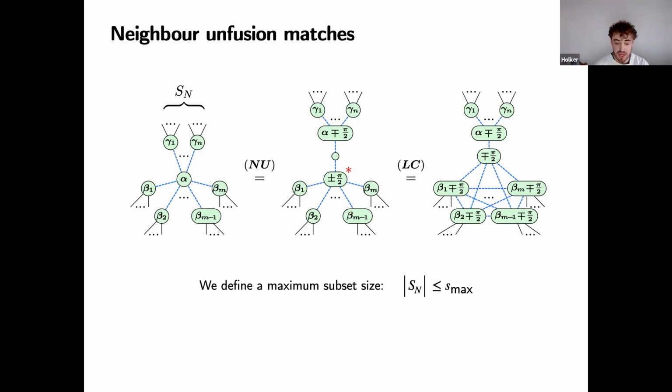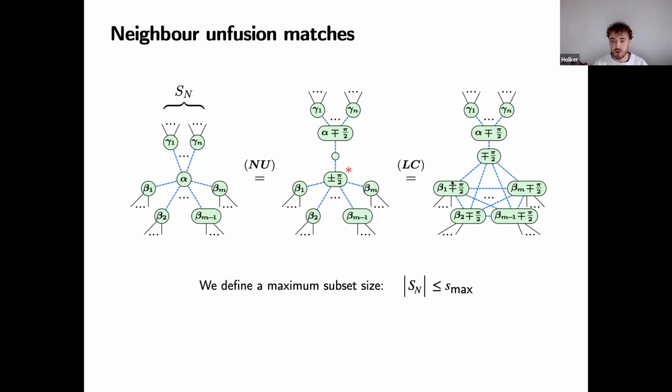Sometimes. I'm going to come on to how we look at preserving causal flow, but yes, sometimes these do preserve causal flow. Of course, neighbour unfusion on its own can only preserve causal flow if the input and the output of the vertex you're unfusing are within the subset that you've chosen and those neighbours that you haven't chosen. So flow would go through this central vertex that you've unfused.